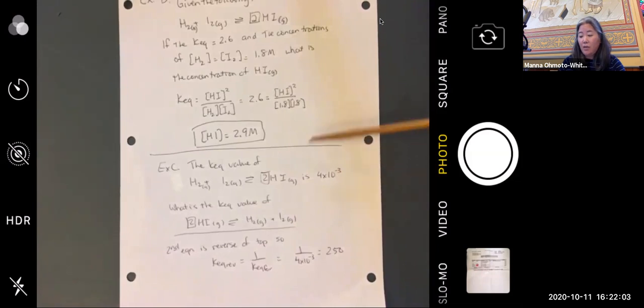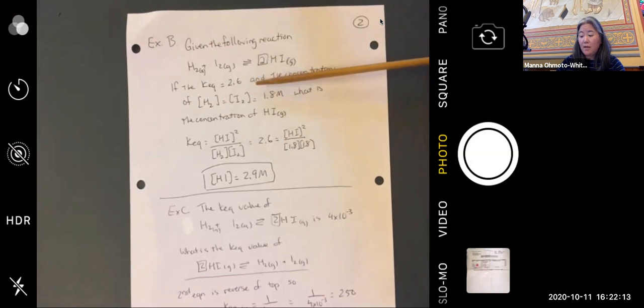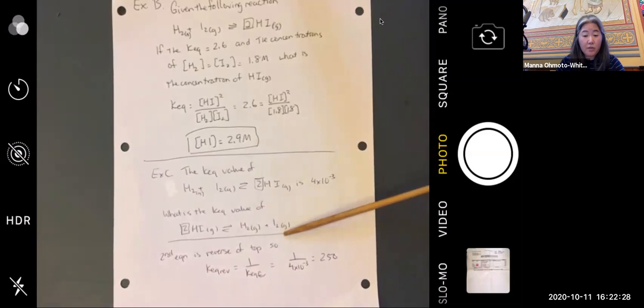So you'll notice that at the top here, this is a composition reaction, and its KEQ value is 2.6. This is under different conditions. And it's saying that the KEQ value of this composition reaction right here is 4 times 10 to the negative third. The question then is, what's the KEQ value of the decomposition reaction?